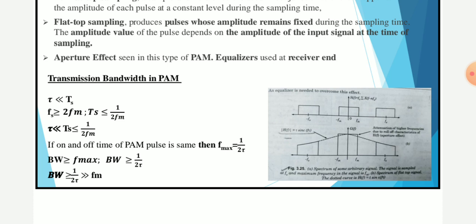The transmission bandwidth required for PAM is related to the sampling rate. The transmission bandwidth is less than the sampling rate, where the sampling time is the duration of a pulsated signal. In order to reconstruct the original message signal at the receiver side, it should satisfy the sampling condition: Fs should be greater than or equal to 2 FM, that is 2 times the modulating signal frequency.